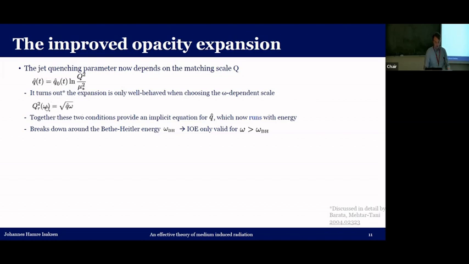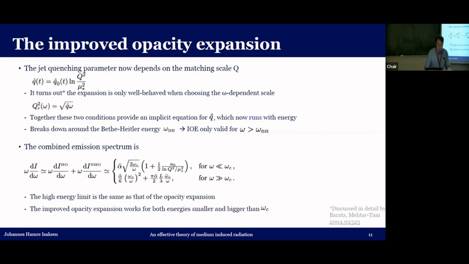So these two equations now provide an equation for q hat in terms of energy. So now q hat runs with energy. But this running breaks down around the beta Heitler energy. So the whole point of this is to say that the improved opacity expansion does not work for energies below the beta Heitler, because this running of q hat breaks down at that point.